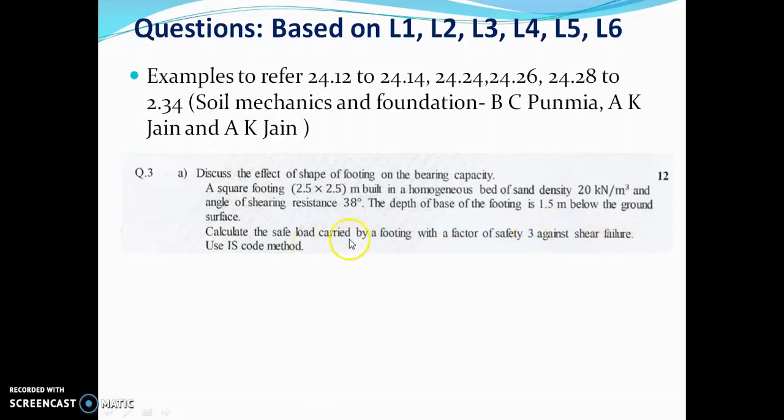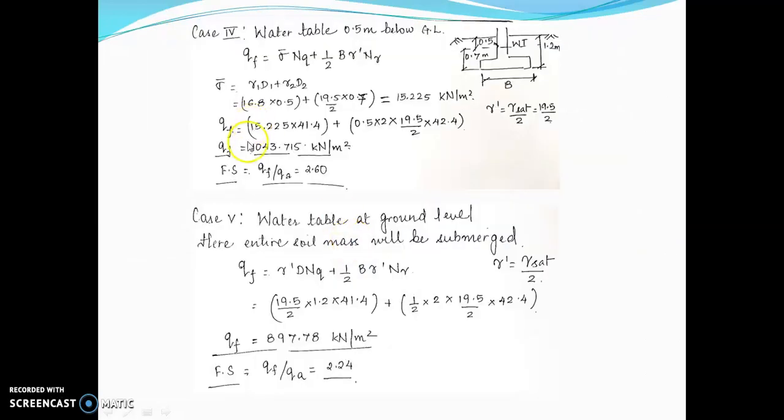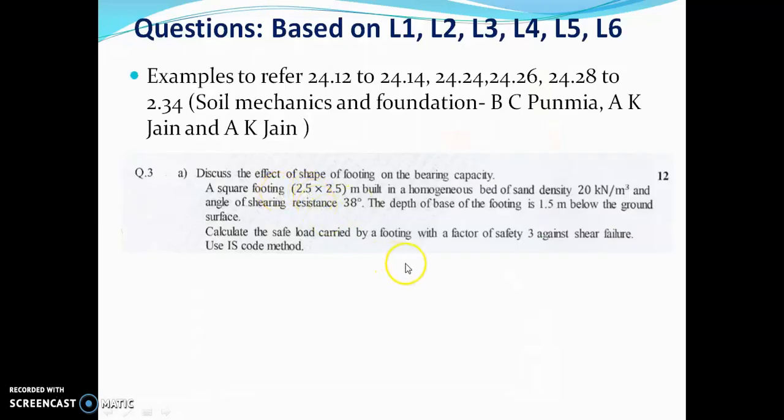So once you get this, you put 3 here, you get Q allowable, multiplied by area, will give you the safe load. You understand it? You will get QF, factor of safety is given to you as 3. So QF divided by factor of safety will give you QA, multiplied by the area given in this numerical, will be the safe load to be carried by the footing.